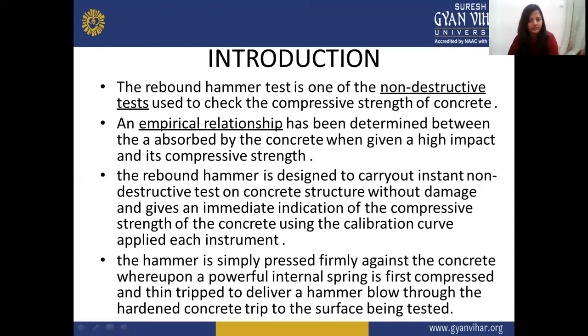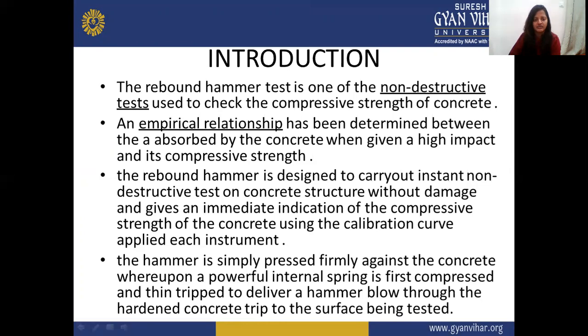The rebound hammer is designed to carry out an instant non-destructive test on concrete structure without damage and gives an immediate indication of the compressive strength of concrete using a calibration curve applied to each instrument. So this is an instant result that we get.